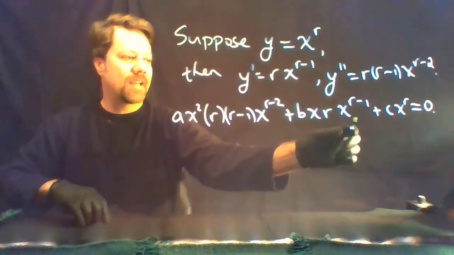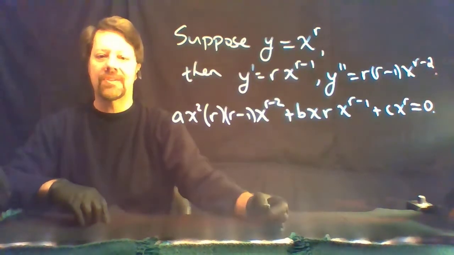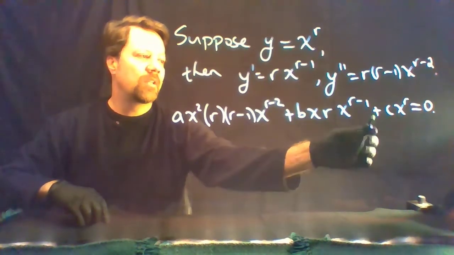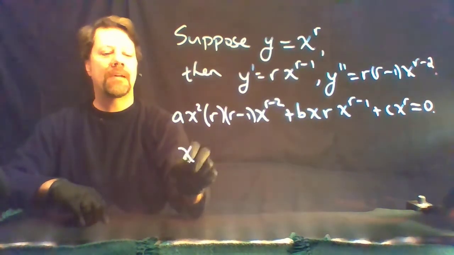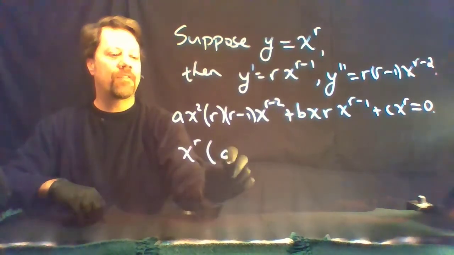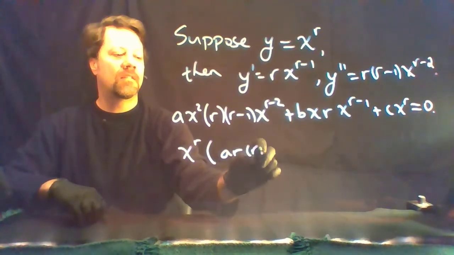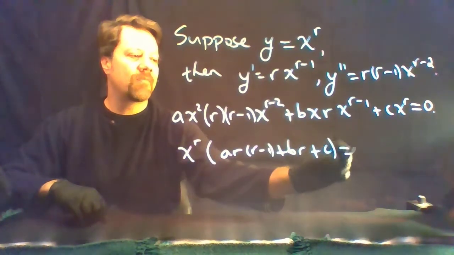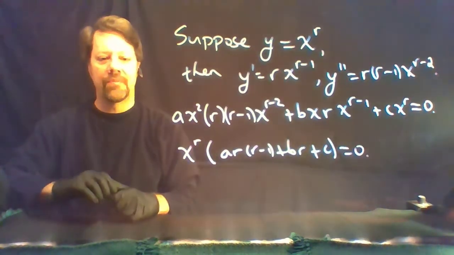Similarly, x times x to the r minus 1 is also x to the power r. We can see that in all three terms we have x to the power r. What's left over is ar times r minus 1 plus br plus c equals 0.